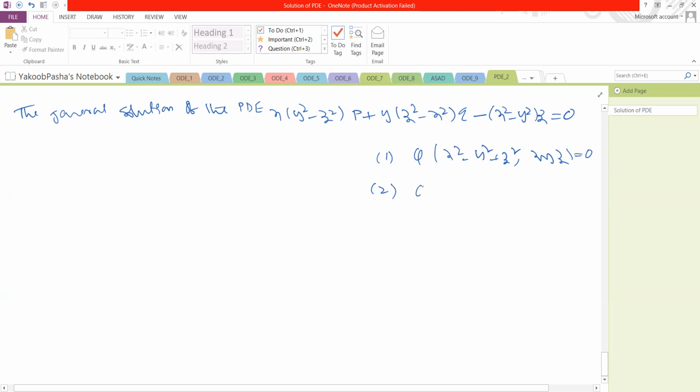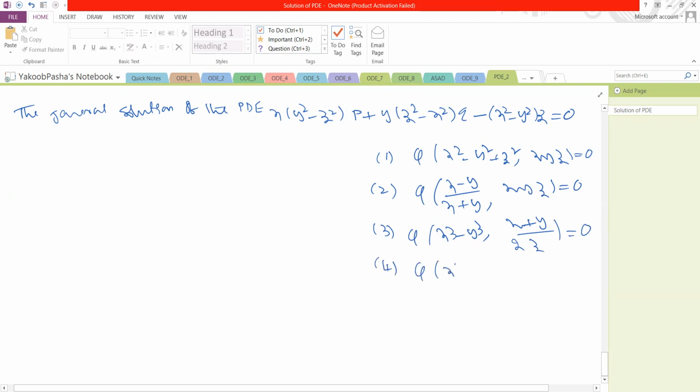Second option, phi of ((x − y)/(x + y), xyz) = 0. Third option, phi of (x³ − y³, (x + y)/2z) = 0. And fourth option, phi of (x² + y² + z², xyz) = 0.